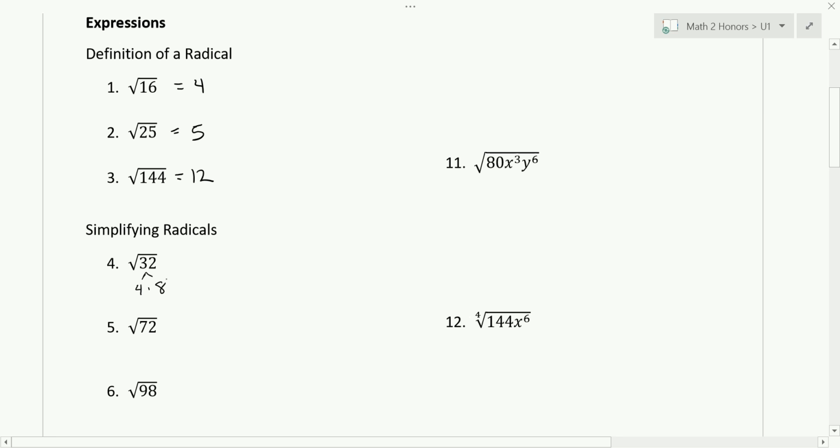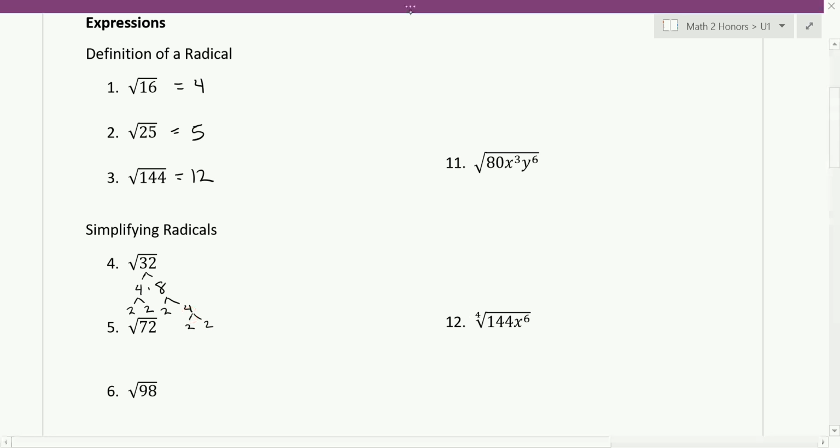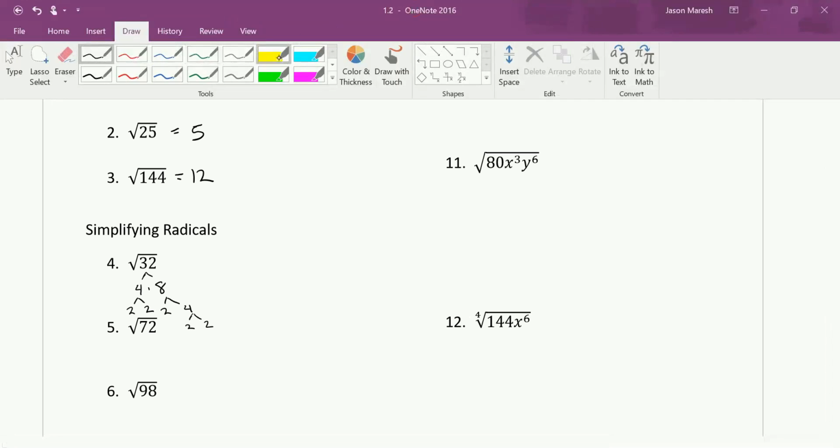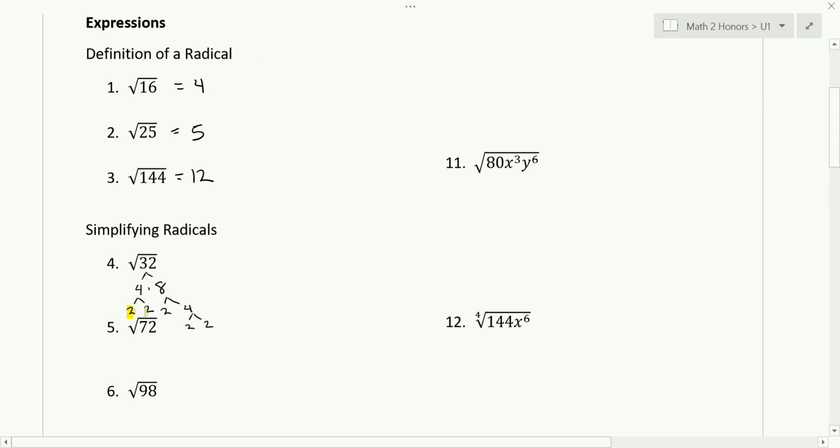And 4 is 2 times 2. 8 is 2 times 4. And 4 is 2 times 2 again. So I made a tree diagram here, or factor tree, and if I were to multiply the 5 numbers at the bottom of that tree, I would get 32.